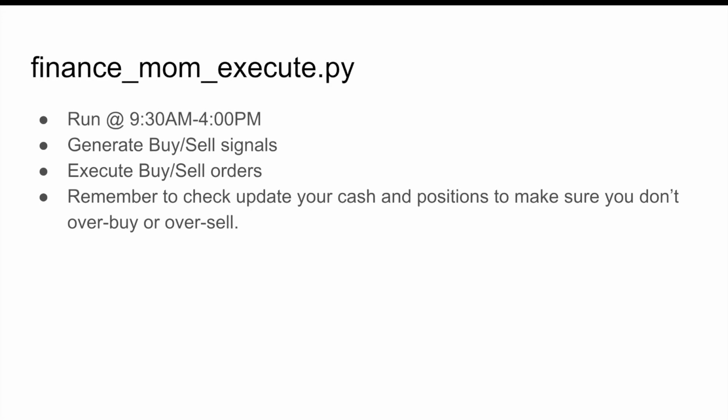For example, it can take about a minute or two to monitor the 30 or 50 stocks that you're actively trying to trade, generate buy and sell signals from their real-time prices, and actively buy into stocks or sell out of your positions, and execute those orders.